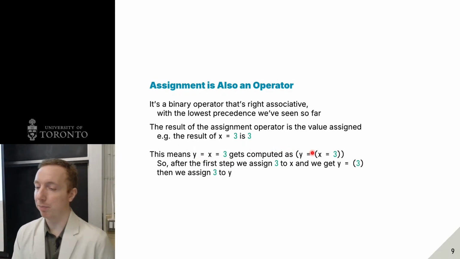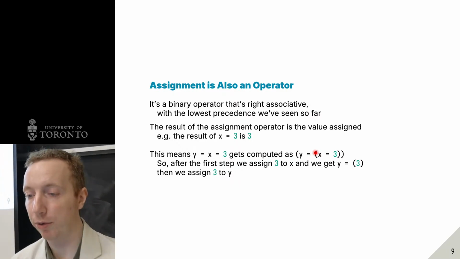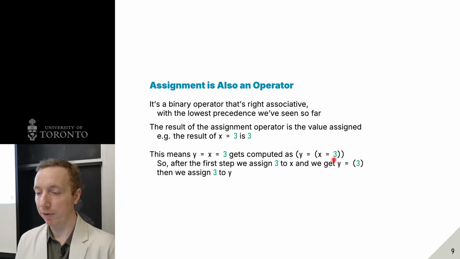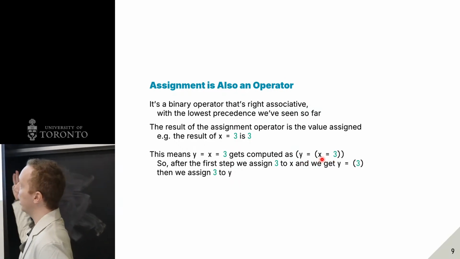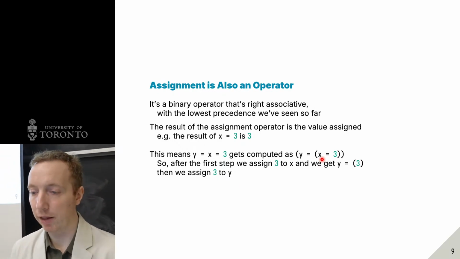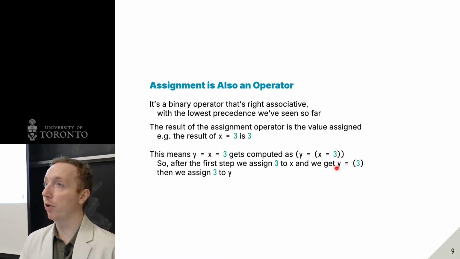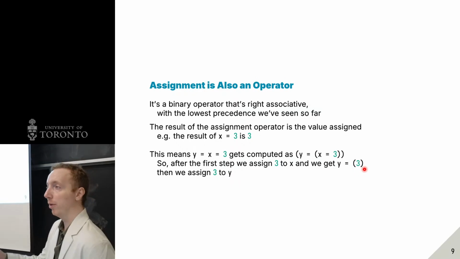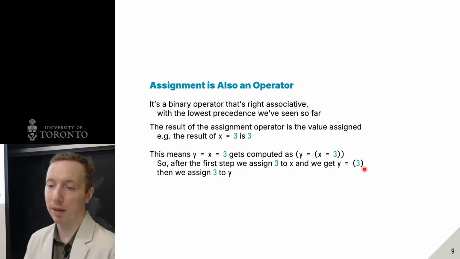How that gets computed: the assignment operator is right associative, so it would do x equals 3 first. After the first step, it updates the value of x to 3, and the result of this returns 3. So the next thing my computer will calculate is y equals 3, then it will assign 3 to y. So I can assign 2 things on the same line.